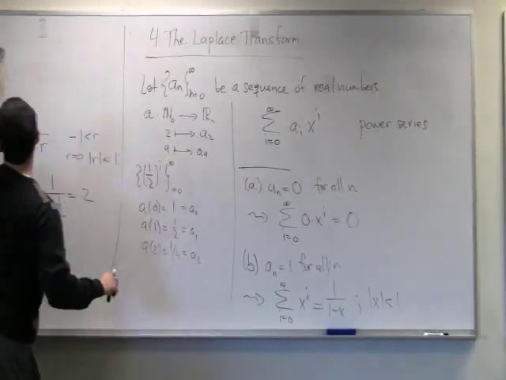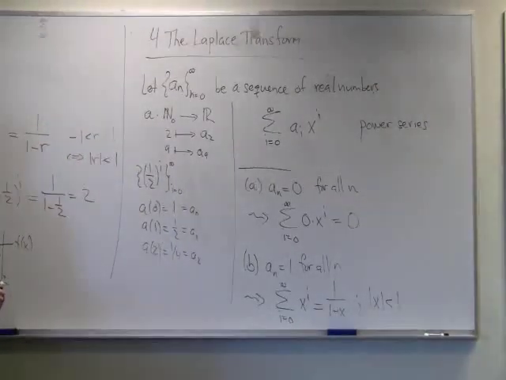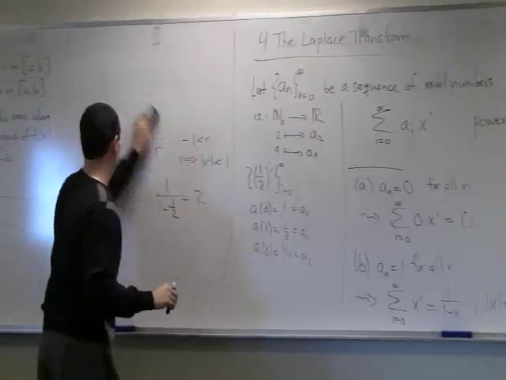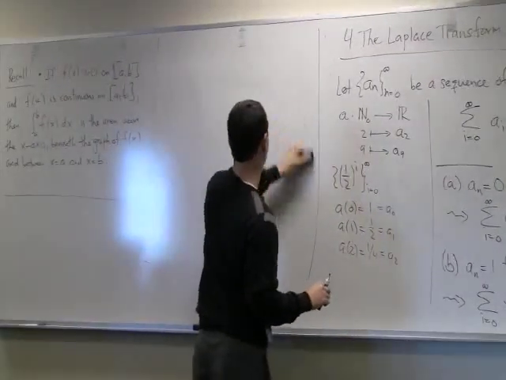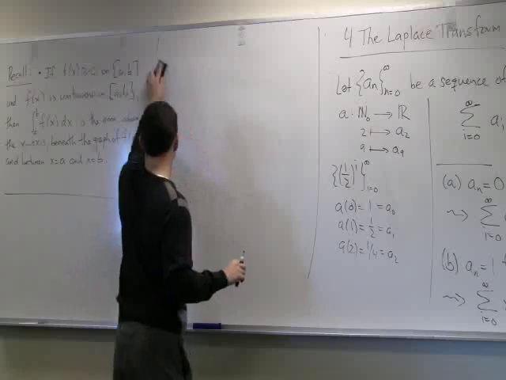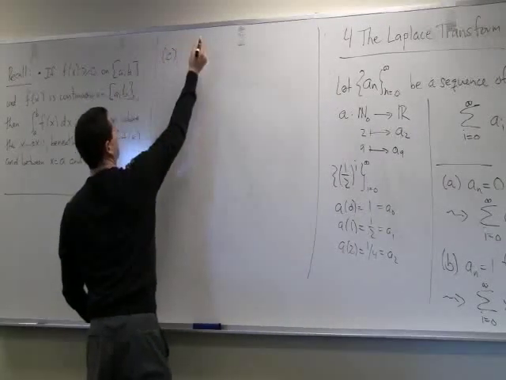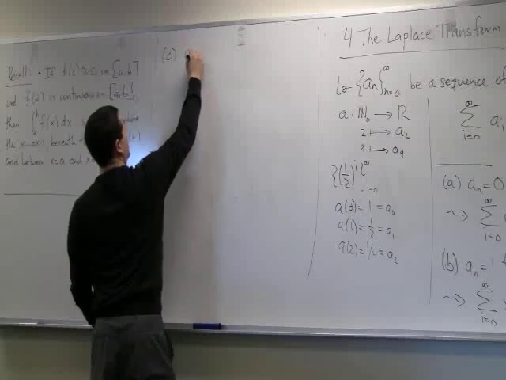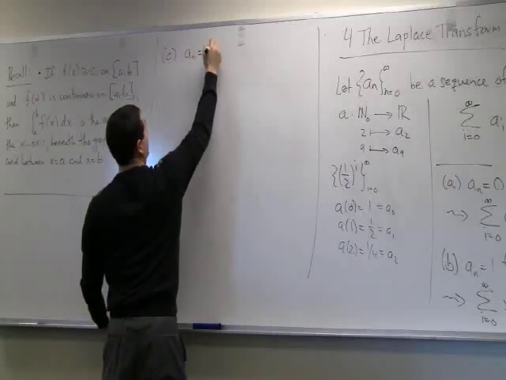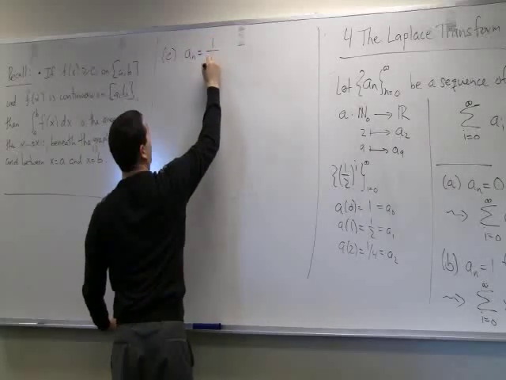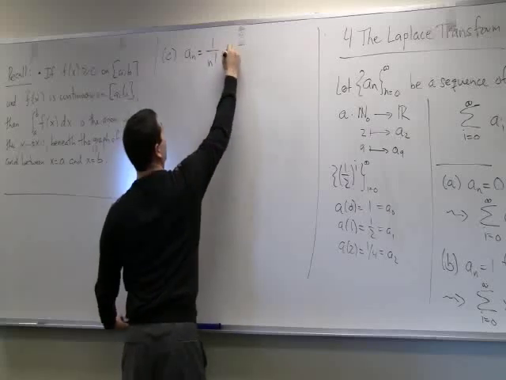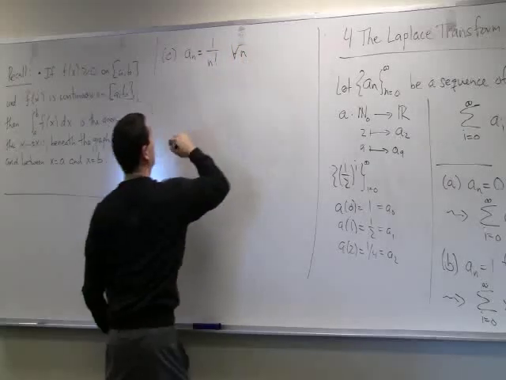All right, let me give you one more, and see if you can figure out what it is. The third one will be a sub n equals 1 over n factorial for all n.